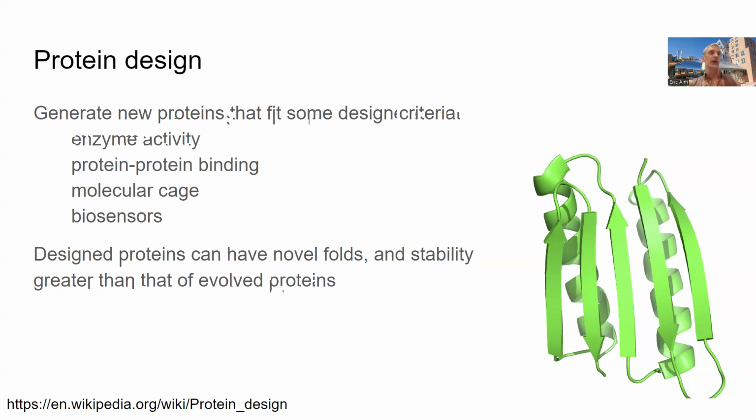And those functions might be, hey, we want a protein that has an enzyme activity that we don't see in nature. And how would we do that? Well, we need to think about the transition state, and there are quantum mechanical calculations that can be done with specialized software that say, if you put your molecule in here and put just the right strain on it like this, this might catalyze the reaction you're looking for.